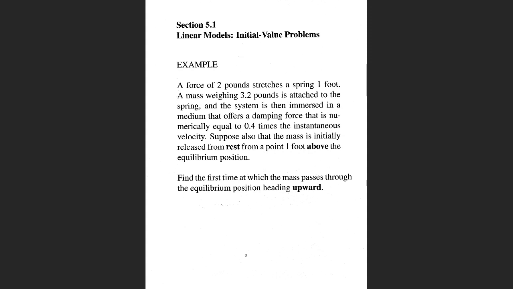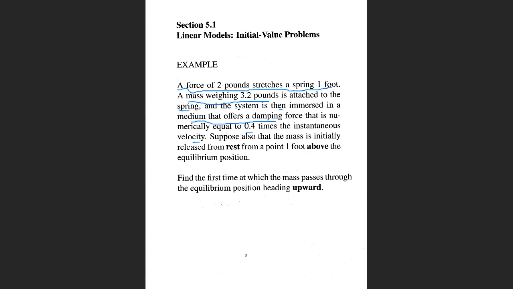All right, let's take a look at this problem here. In this problem, we have a force of 2 pounds, and it stretches the spring 1 foot. So based on that information, we'll be able to get the spring constant k of the spring. And then a mass weighing 2 pounds is attached to the spring, and the system is then immersed in a medium that offers a damping force that is numerically equal to 0.4 times the instantaneous velocity.